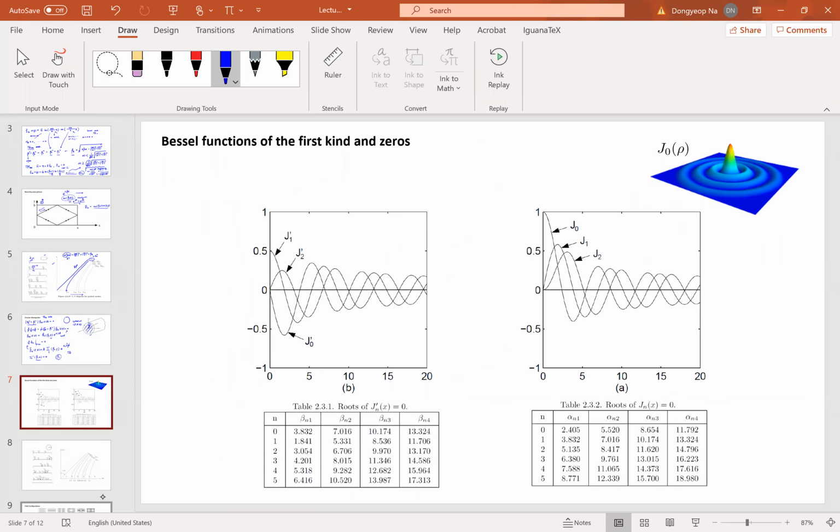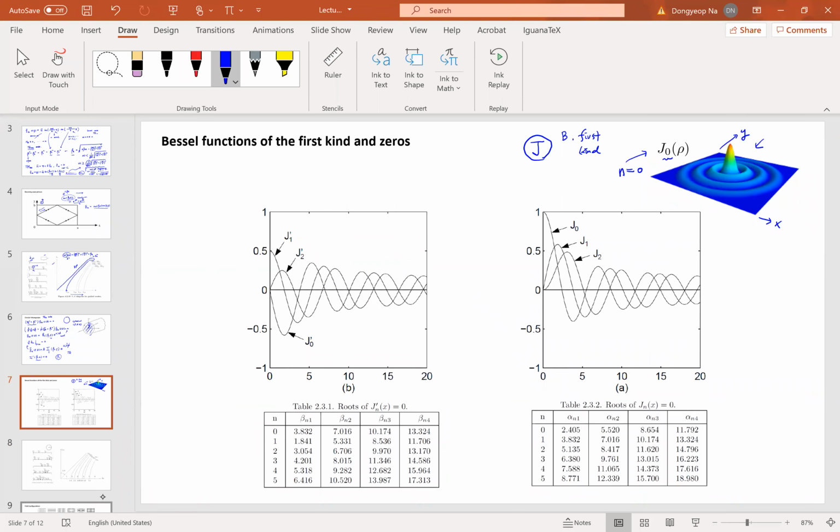Now let us describe how this Bessel function looks. J denotes the Bessel function of the first kind. Okay, it looks like this. This is the Bessel function of the first kind when n is equal to 0. So this is the x and y plane. It looks like a cylindrical wave.